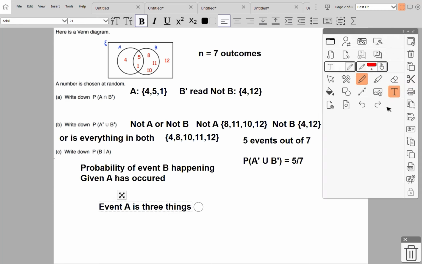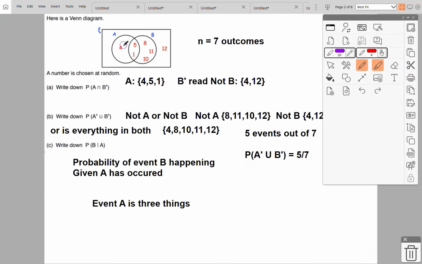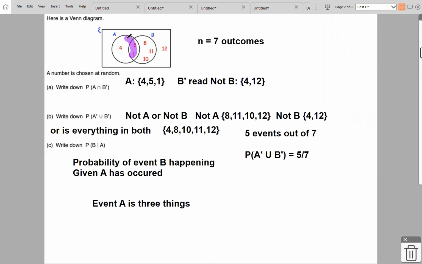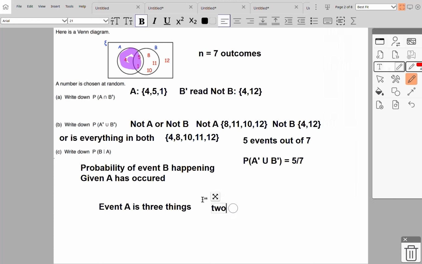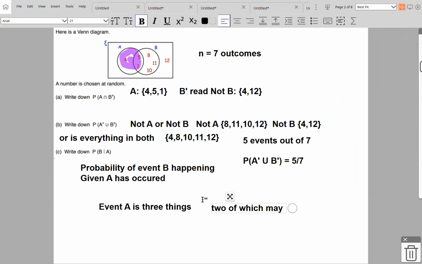What we're doing is we're only picking from event A. Just this. There's 2 things that can also be B. So the probability of B, given we're only focusing on event A, is simply going to be 2 and 3.